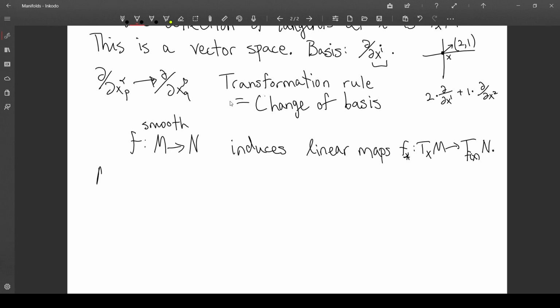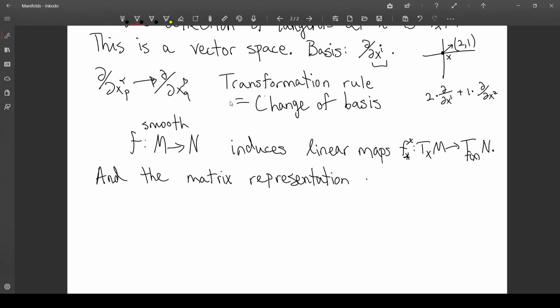And I say maps here because we have a map for each tangent space, right? So for each point x. So really, I guess I should denote this like f x star, right?